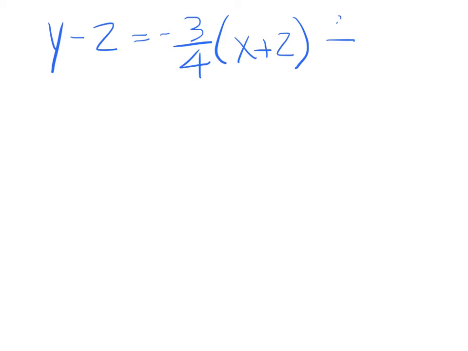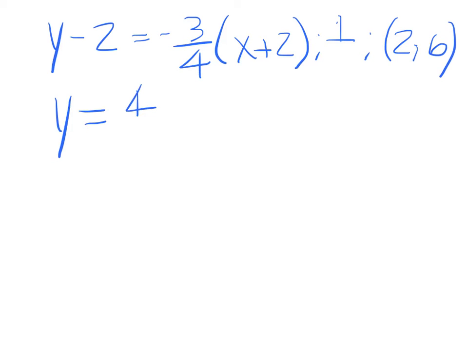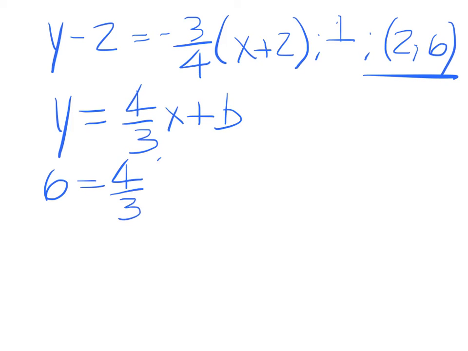This is the same problem, but we're going to work it out differently. We're going to take the slope and put it into the slope-intercept form. So the negative reciprocal is 4 over 3. And then insert this point to come up with this.